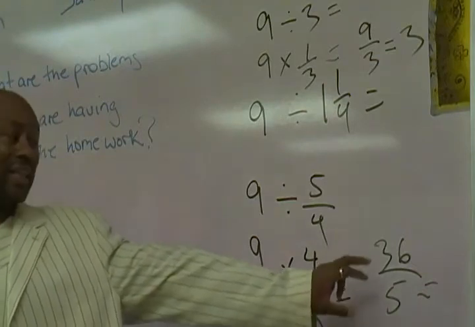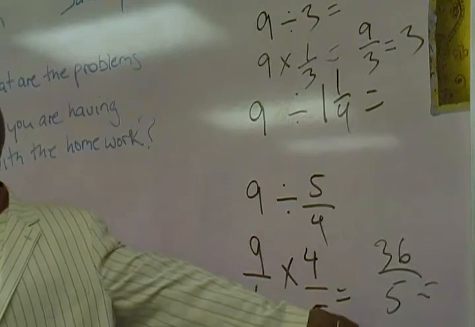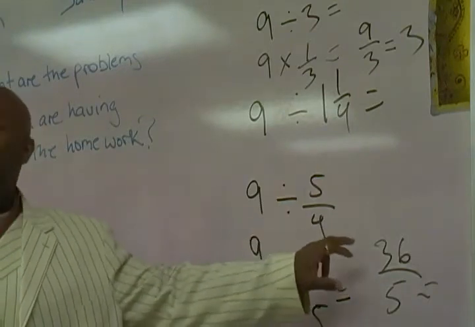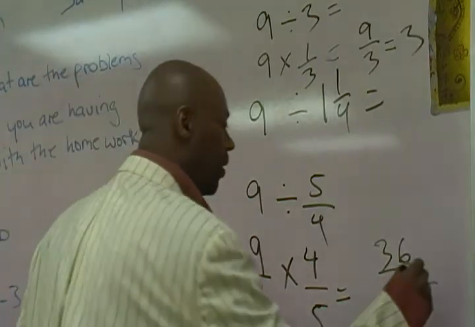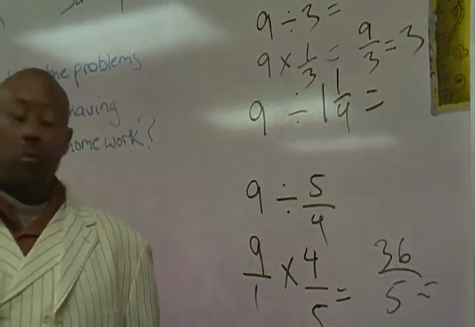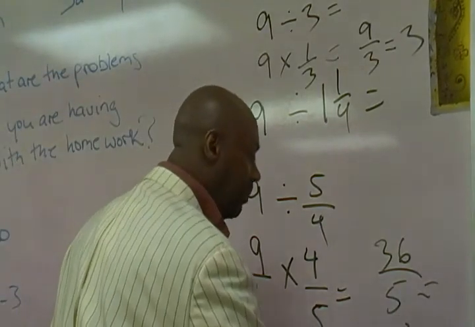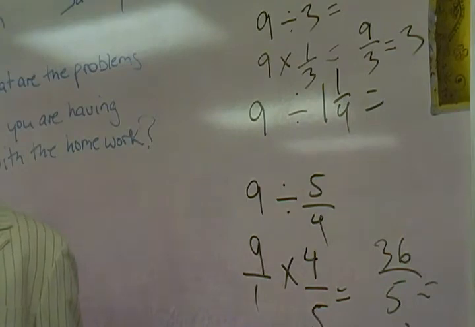But I can see that this number here is divisible by 5. How many times does 5 go into 36? 7 times. So I'm gonna put down here 7, and what's left over? 1. And that should be the answer, 7 and 1/5.